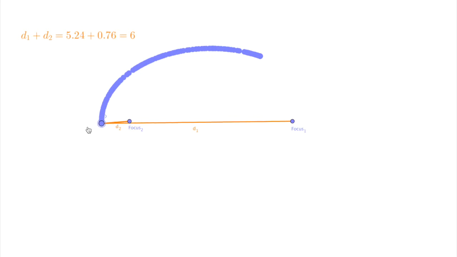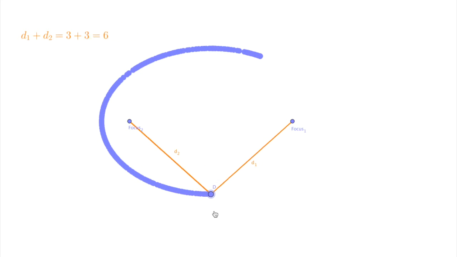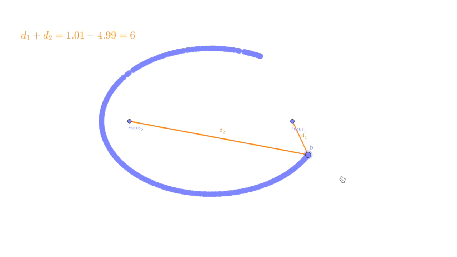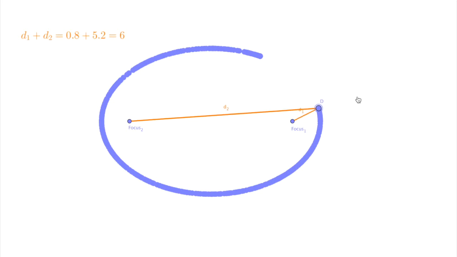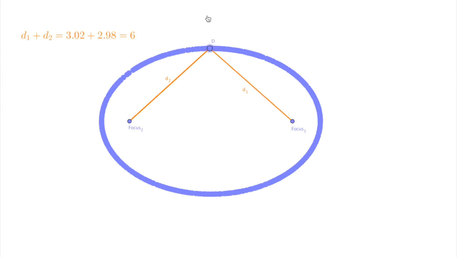And what will happen is the piece of string, since it does not change its length, will keep D1 and D2 a constant of 6 units in this case. So we'd get this shape, and this shape is literally called an ellipse.